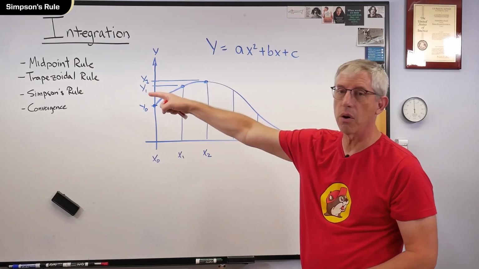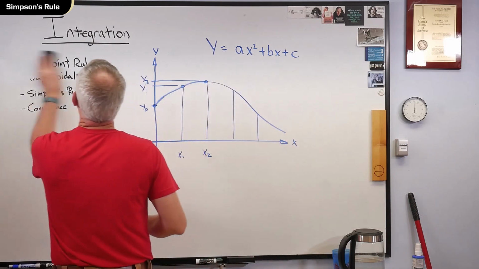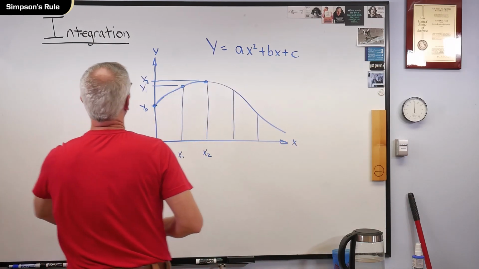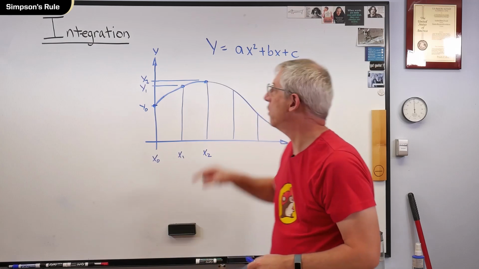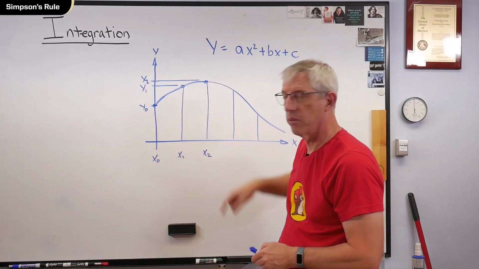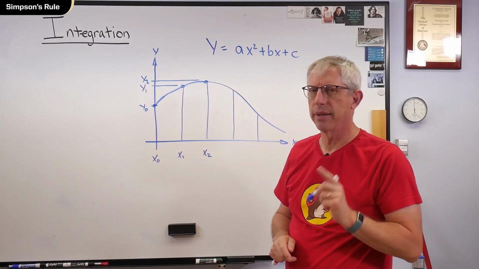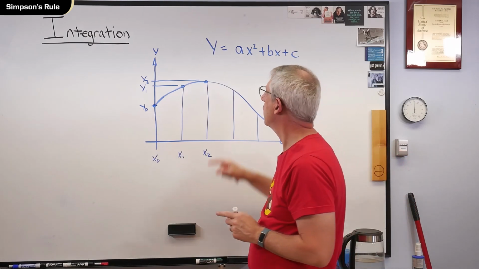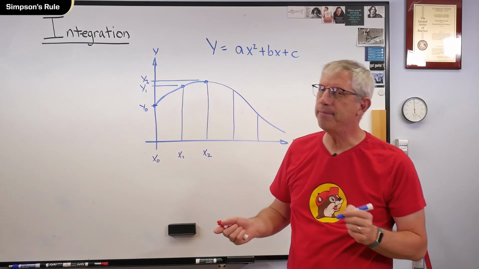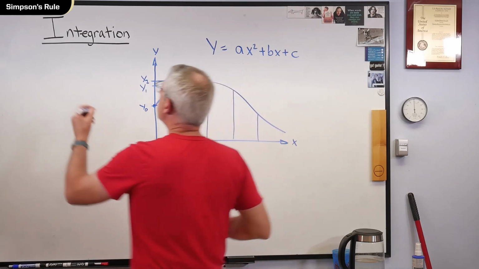Well, how about if I go over here? I'm going to erase this because we got this already. We don't need that anymore. And all I'm going to do is write out 3 parabolas, because I've got 3 data points. Let's think about this a second. I've got 3 data points, and I've got 3 things I need to find. Seems like that ought to work. So let's do this.